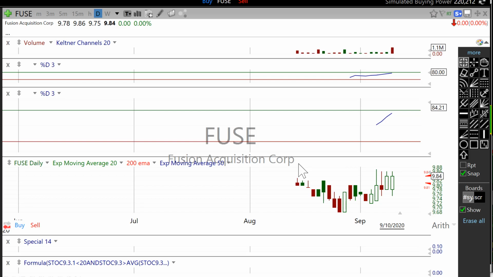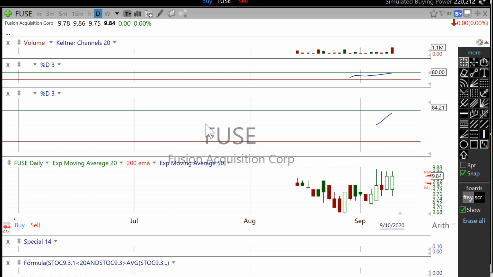The symbols are FUSE. And what's the other one I'm looking at?